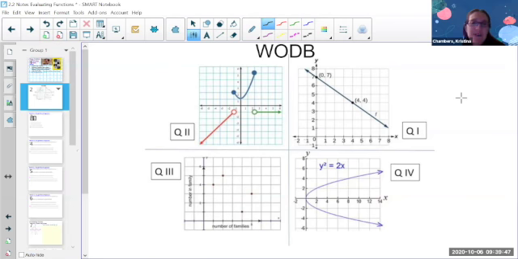It's called a piecewise function, okay? And a piecewise function is something we're actually going to look at at the end of this unit, how to evaluate, okay? All right. So that is definitely something that makes quadrant 2 different. Quadrant 1 is the only linear function.